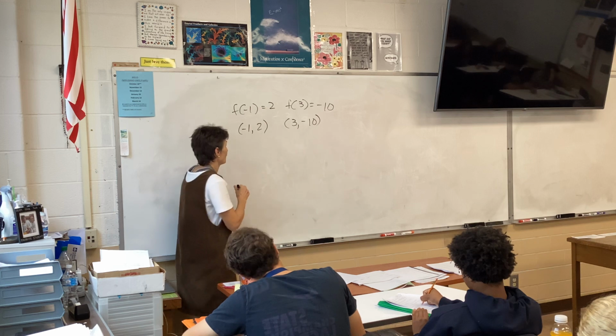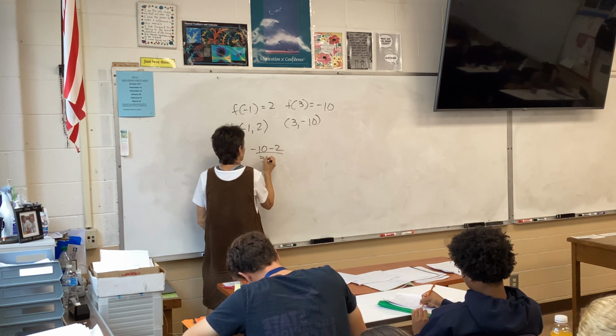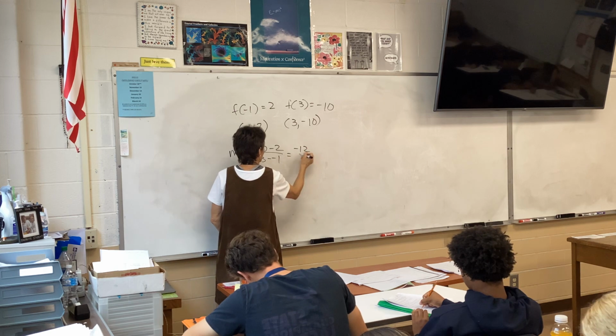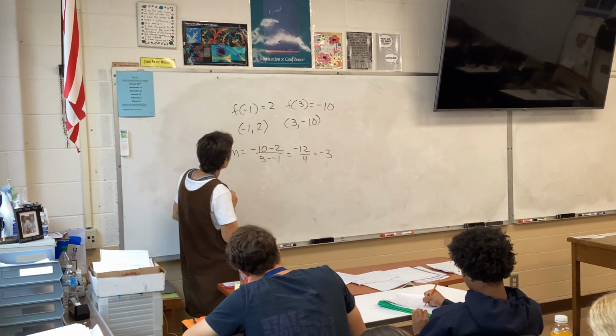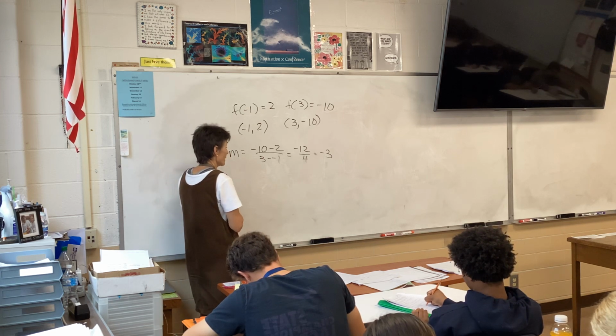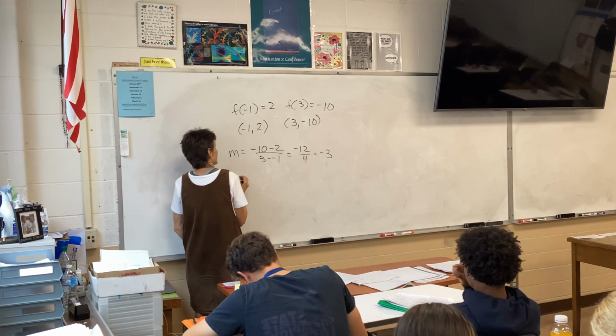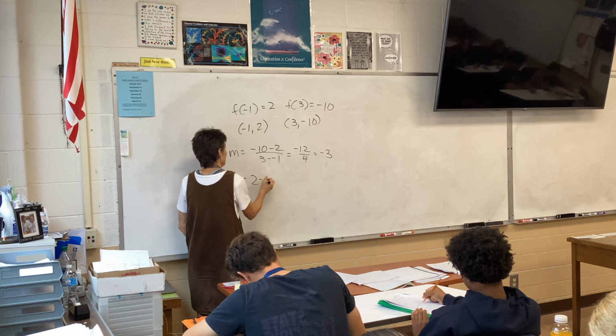Okay, what do we need to do? Find the slope. I got -3 if I didn't make any mistakes. And then what? Pick a point. Doesn't matter which one. I'll just take the first one.